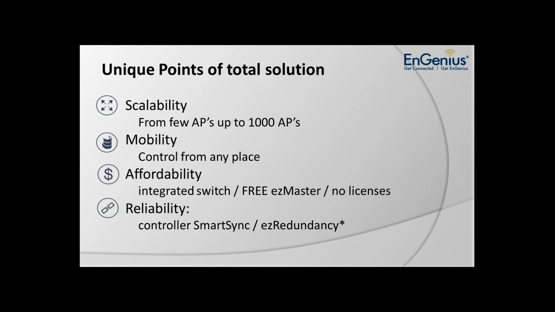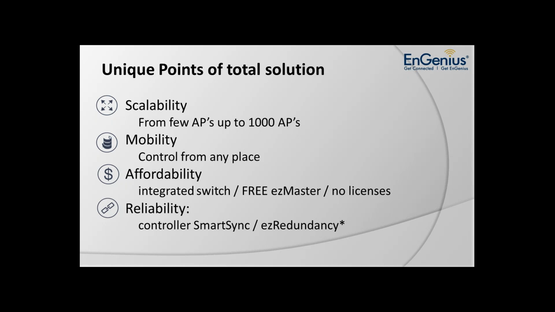You can have the ezMaster running locally, remotely, or in the cloud later with the new version. And so you have total mobile access. EnGenius Neutron Series is without additional licenses, maintenance, or support fees. And the ezMaster software comes free of charge, no matter how many devices you want to manage.